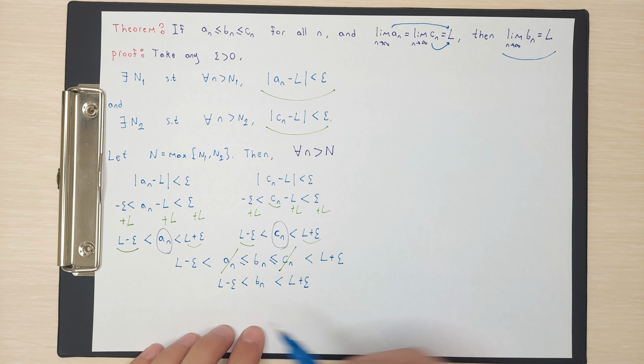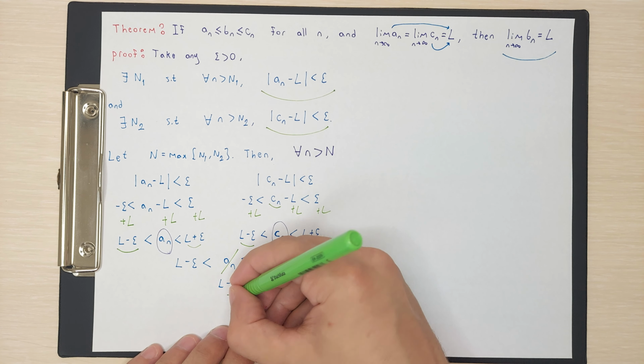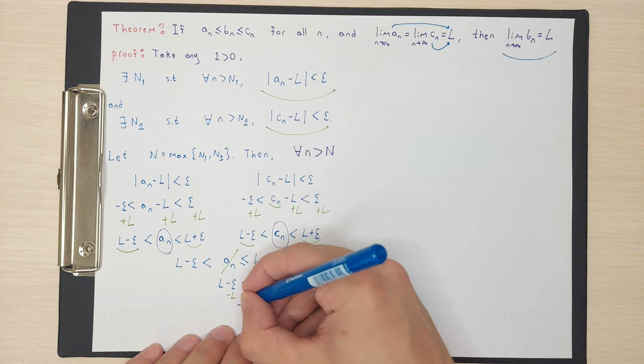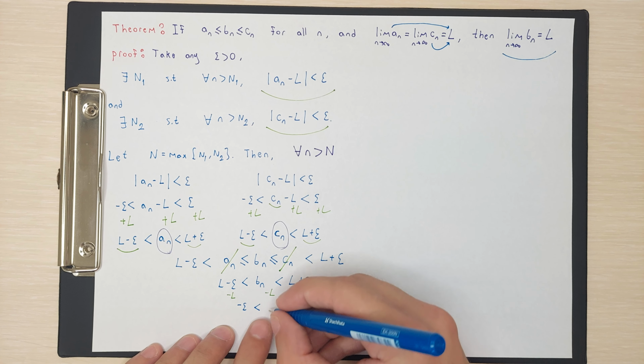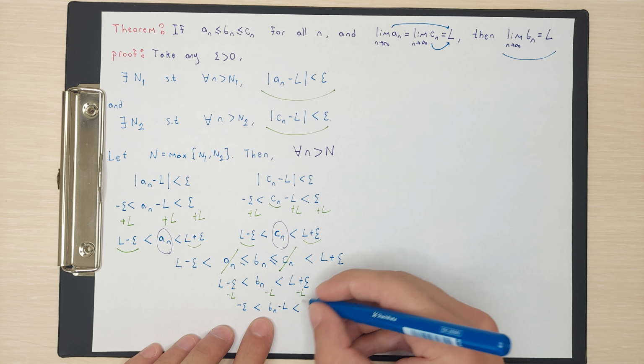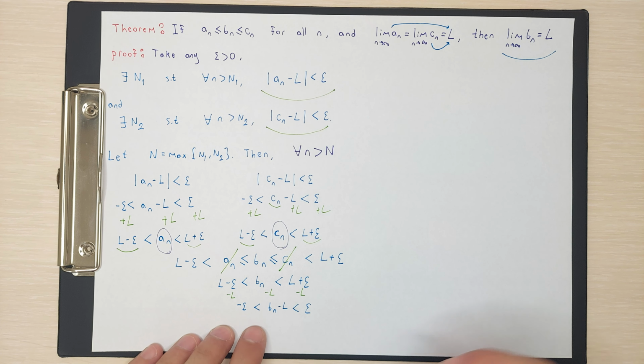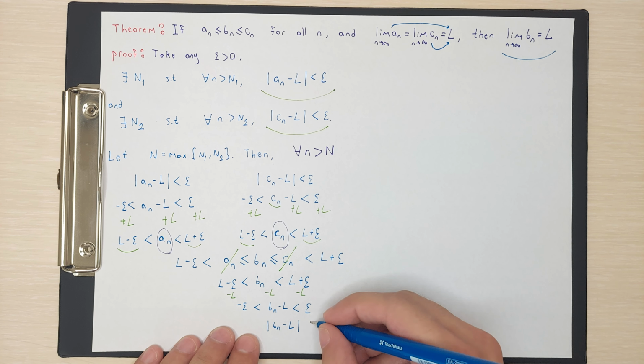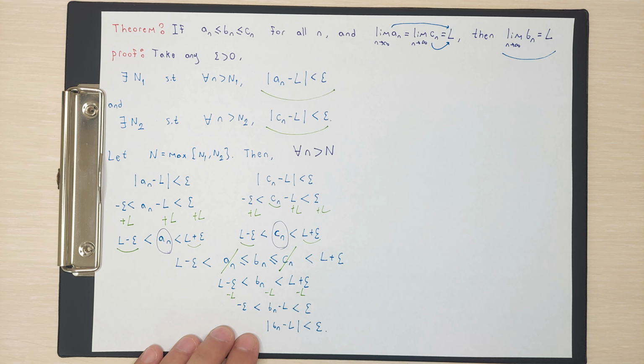Now if you add minus L to all sides, you can see that this one will be minus epsilon, bn minus L, and this is epsilon. So this is the definition of absolute value. The absolute value of bn minus L is less or equal than epsilon.